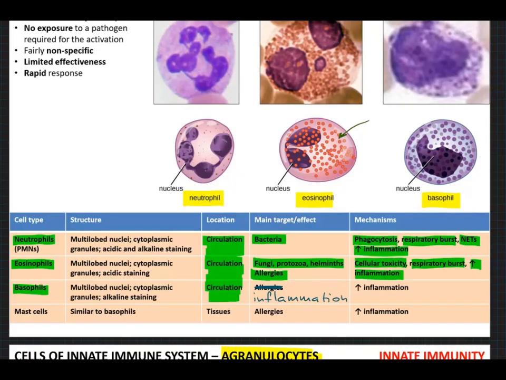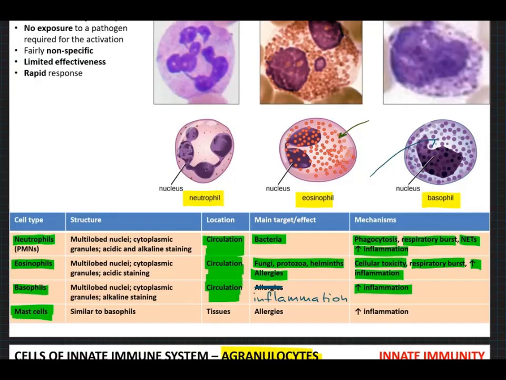So basophils, these guys, contain intracellular granules, and inside those granules you can find chemicals such as histamine, bradykinin, okay? Things that produce inflammatory response. Now, when basophils migrate to tissues and become resident there, they turn into mast cells.